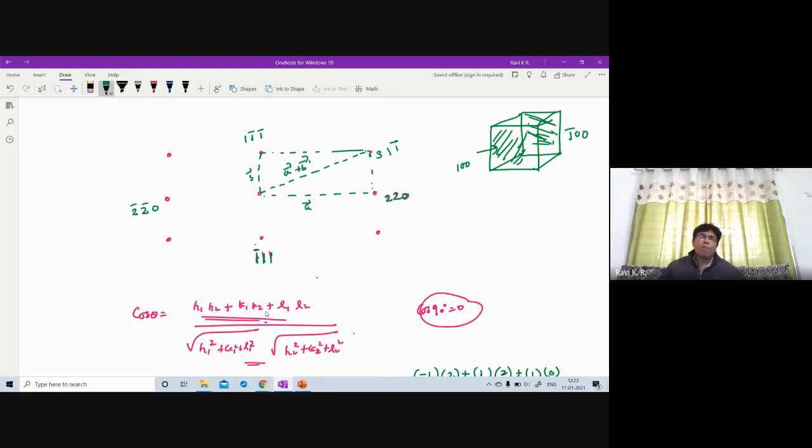Same way you can calculate this point also. Minus 2, 1, that is actually 1 bar. Minus 2, minus 1, 3 bar. 0 minus 1, 1 bar.